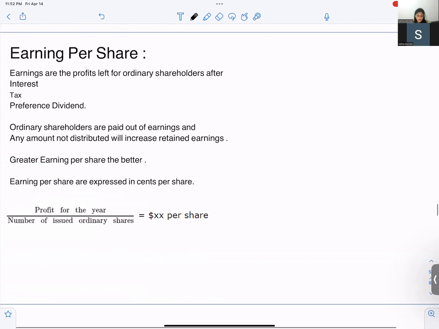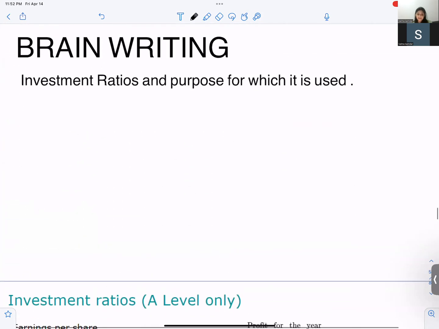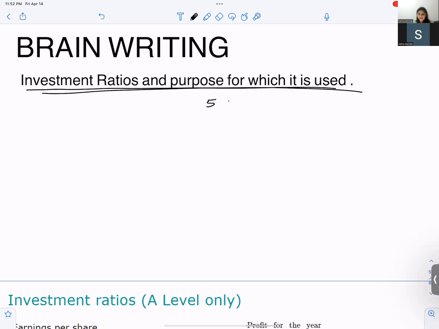Okay, so we have done all the investment ratios. You can pause the video and write all the 5 investment ratios and see how much you remember.